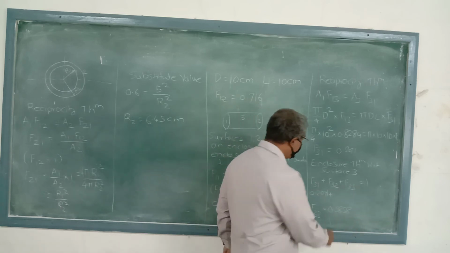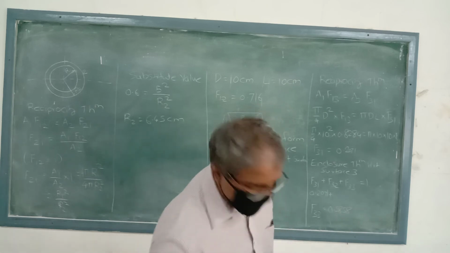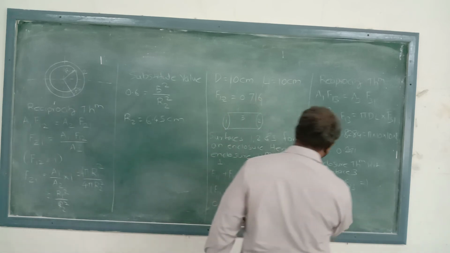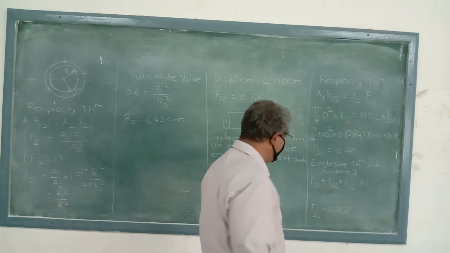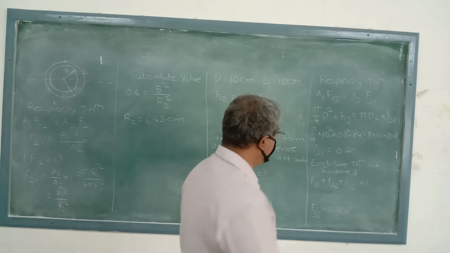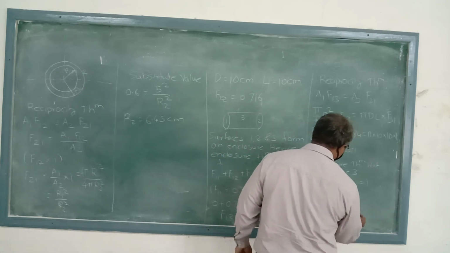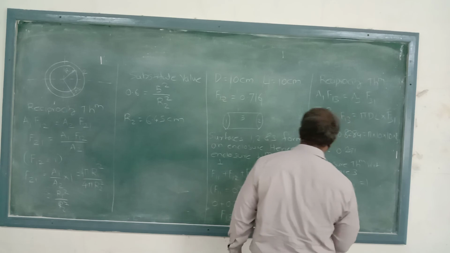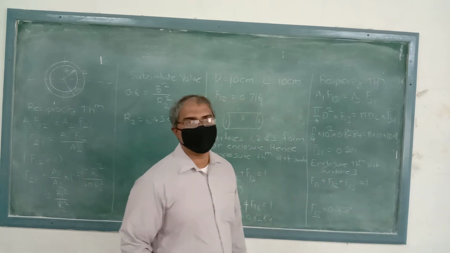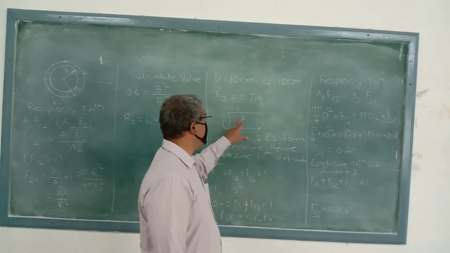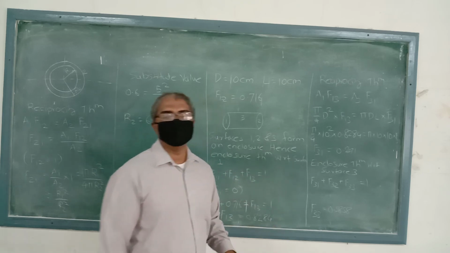After substitution we get F3 to 3 is equal to 0.5858. So we have found the shape factor of the first surface, third surface and the second surface.